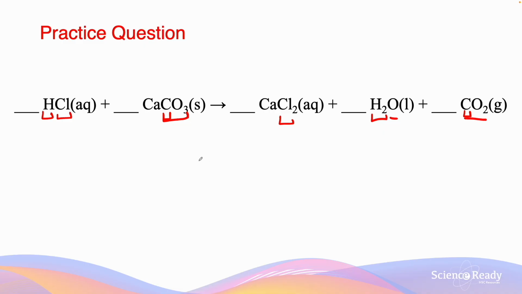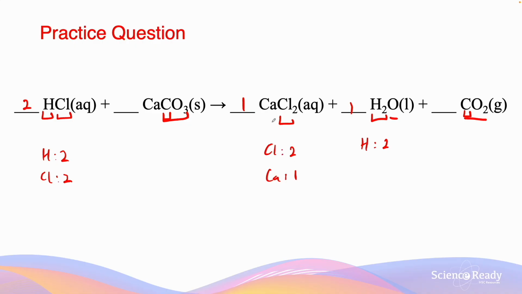So let's try for H. The ratio of HCl and H2O must be 2 to 1 in order to make sure that the H's are now balanced. Remaining, we have two Cl's, which are exclusive only to HCl and CaCl2. This means the ratio of HCl to CaCl2 must be 2 to 1.